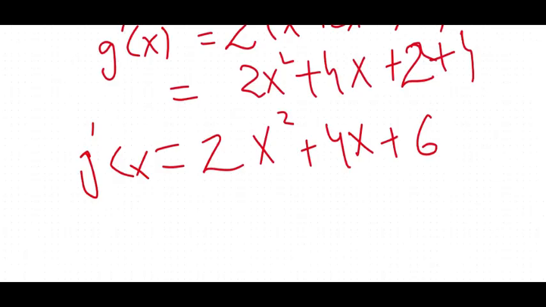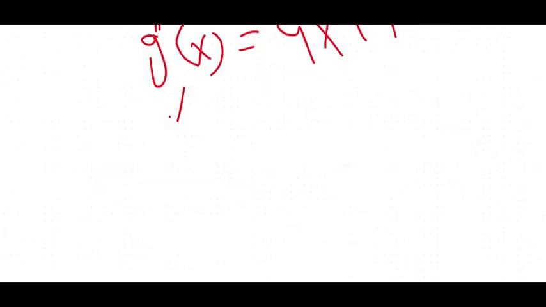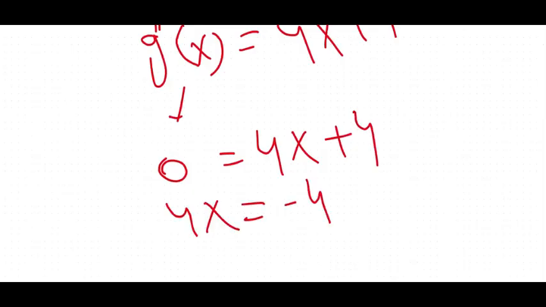By showing the double prime, we get 4x plus 4. Now we put it equal to 0 and we get 4x plus 4 equals 0, so 4x equals minus 4, which is x equals minus 1. So the point of inflection is at x equals minus 1.